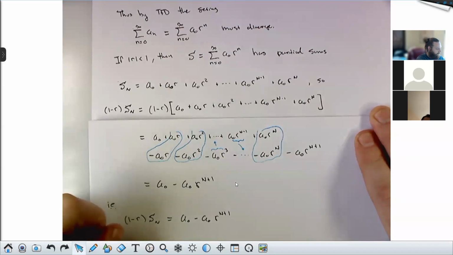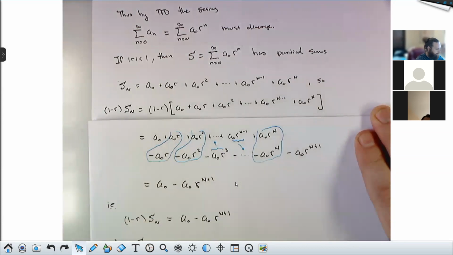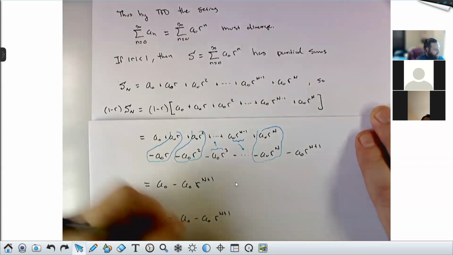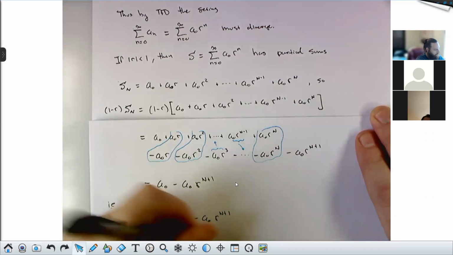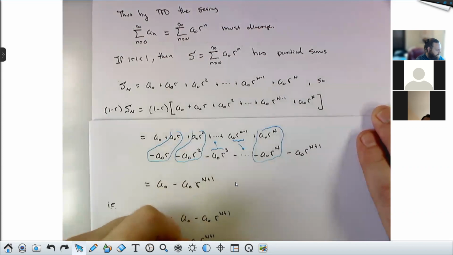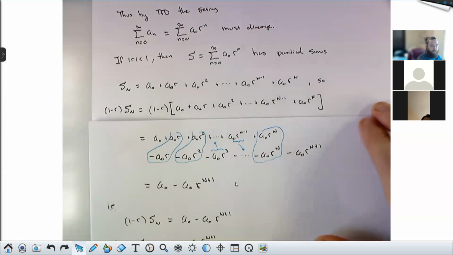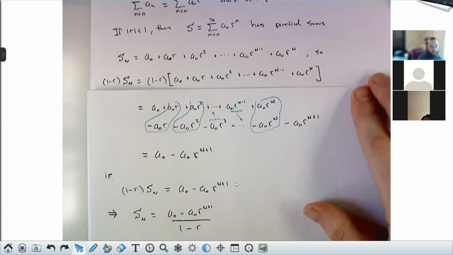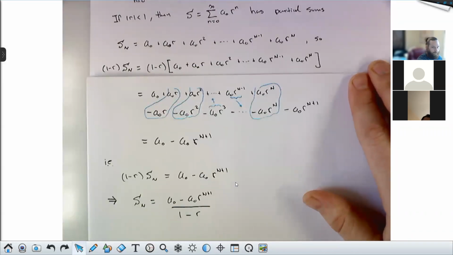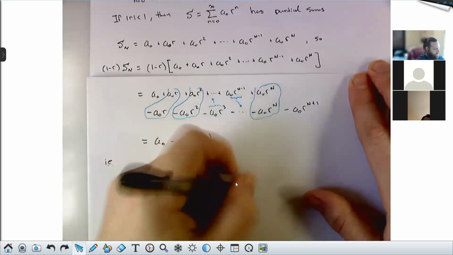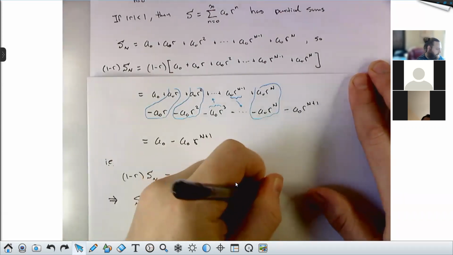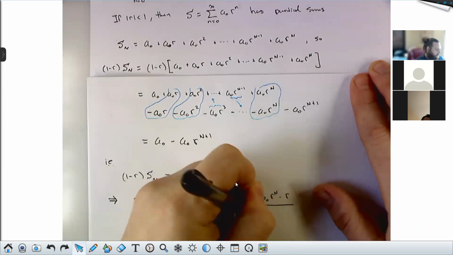And if I divide both sides by 1 minus r, I get Sn equals a0 minus a0 r to the N plus 1, divided by 1 minus r. Not much left to do from here. I can write this as a0 minus a0 times r to the N times r, all divided by 1 minus r.